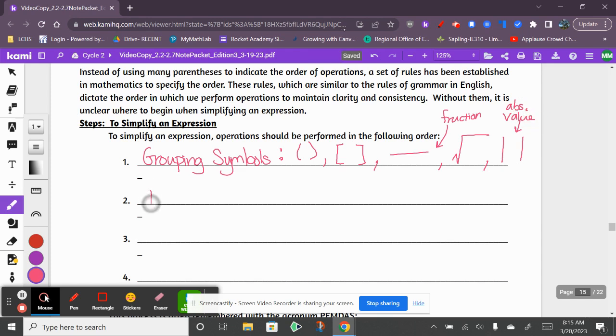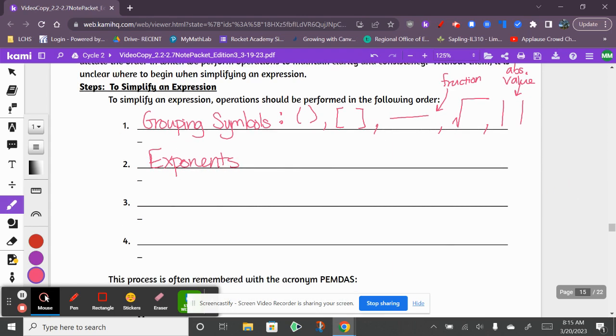The next thing that you will look at are exponents, followed by multiplication or division.